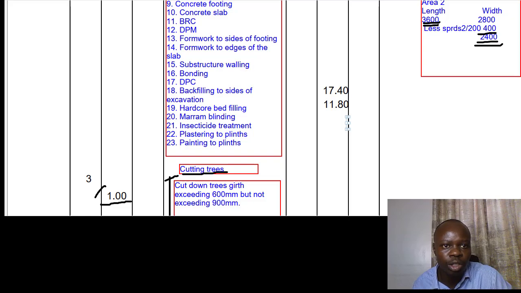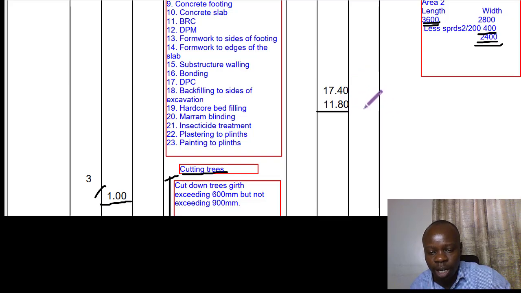So let's see what we have. The next is for us to underline those particular parts. We need to underline properly here. Okay, once you've underlined, that is complete.